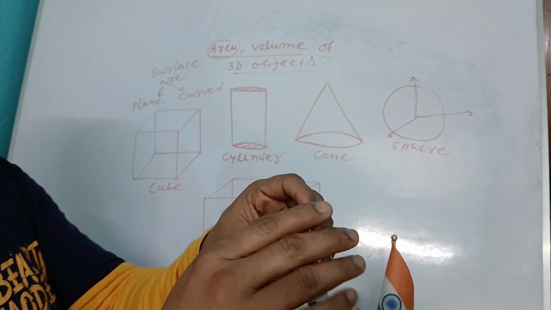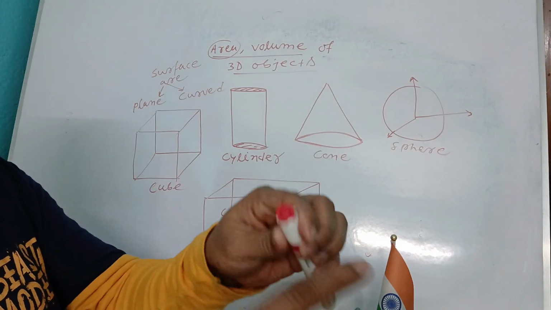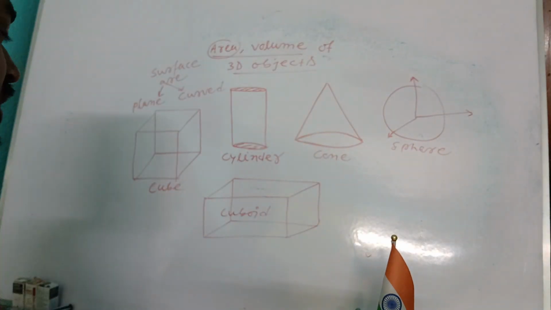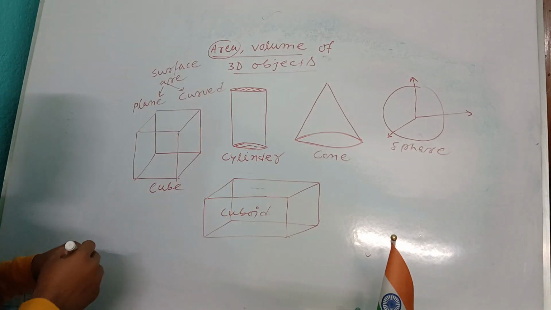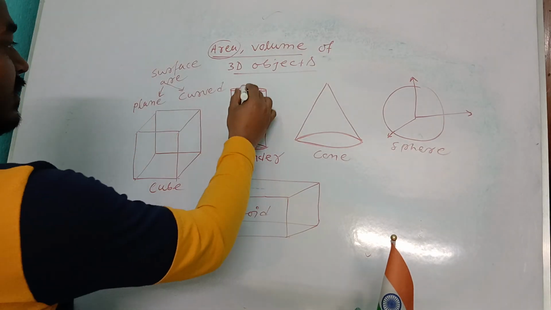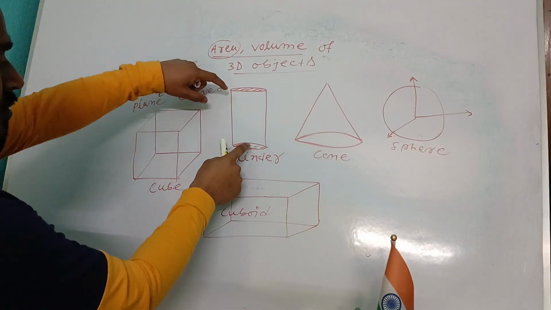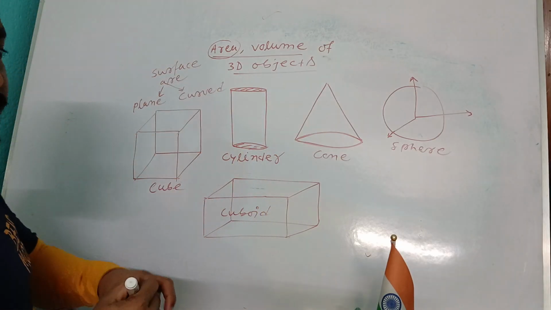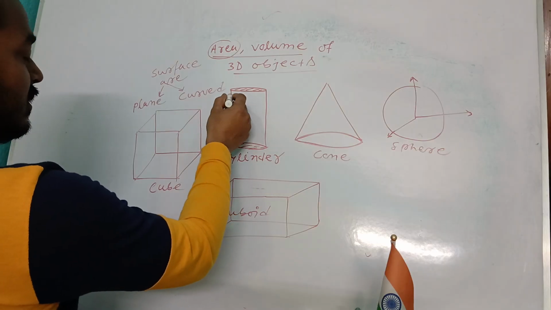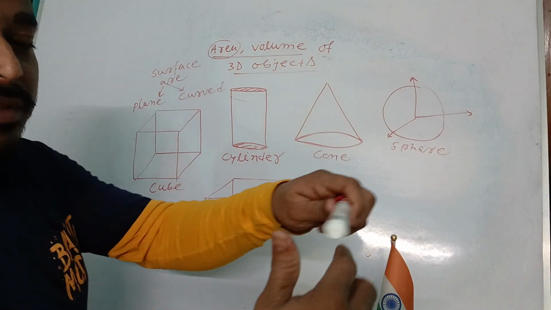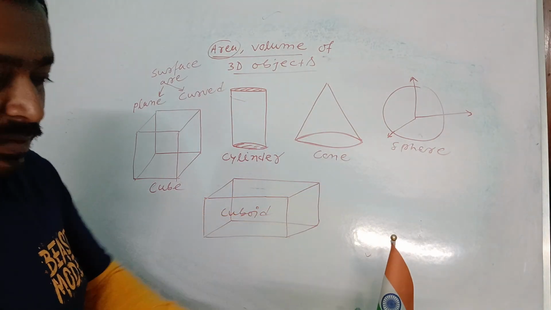This is the curved surface, and those two are plane or flat surfaces. In the case of a cylinder, these two are circular regions, and this is the curved surface.